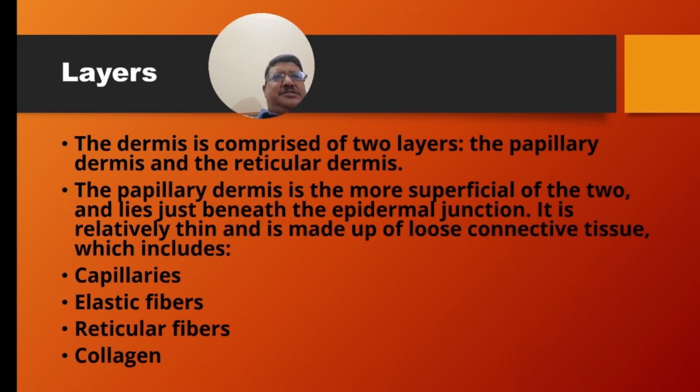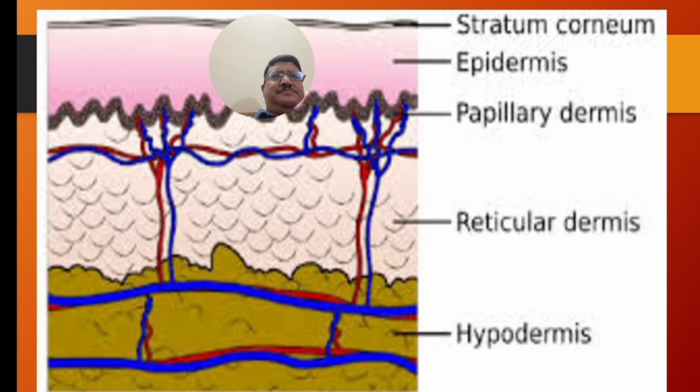The papillary dermis is the more superficial of the two and lies just beneath the epidermal junction. It is relatively thin and is made up of loose connective tissue which includes capillaries, elastic fibers, reticular fibers and collagen.